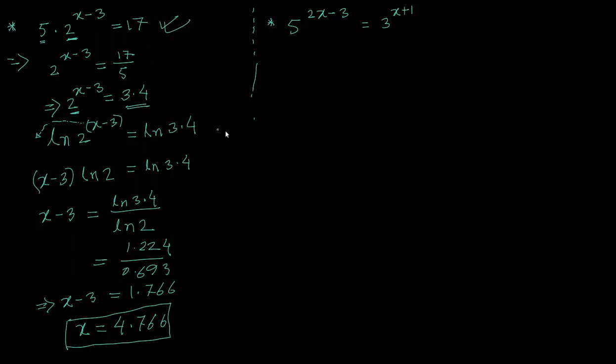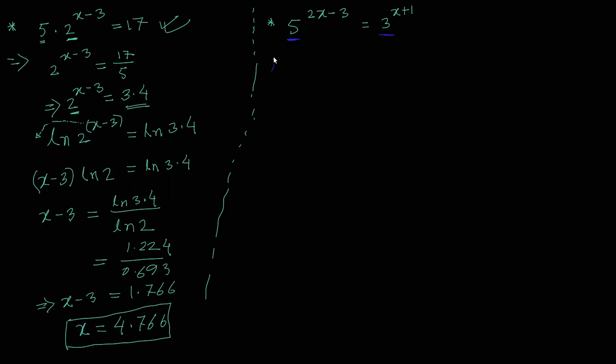All right, so it seems pretty easy and straightforward. Now let's look at the last problem. In this case, I have a base 5, I have a base 3, and no way will I be able to express both the bases as the same base. So again in this case I have to take the logarithm on both sides. You can take any logarithm, natural or common. So let's take the common logarithm this time.